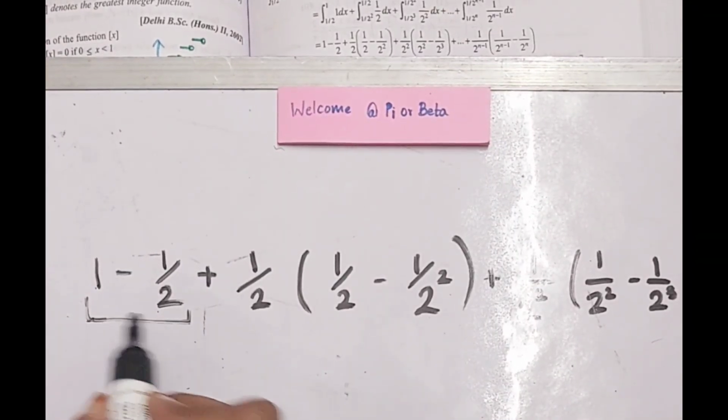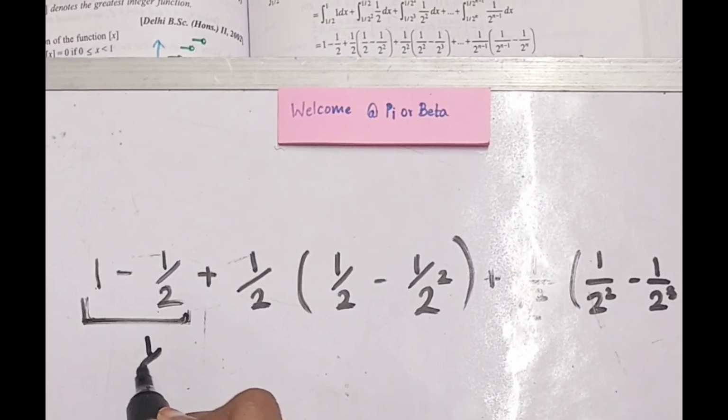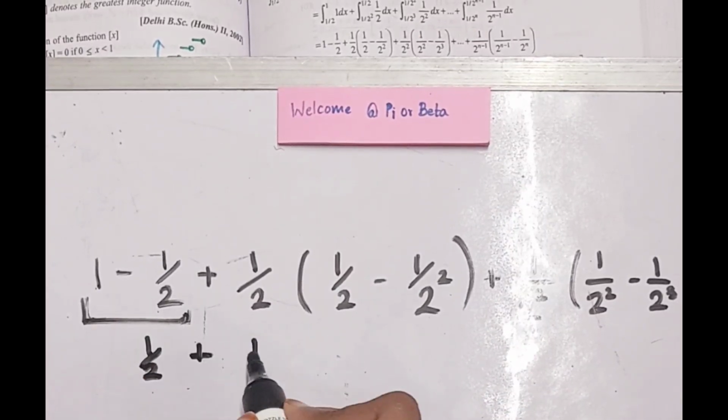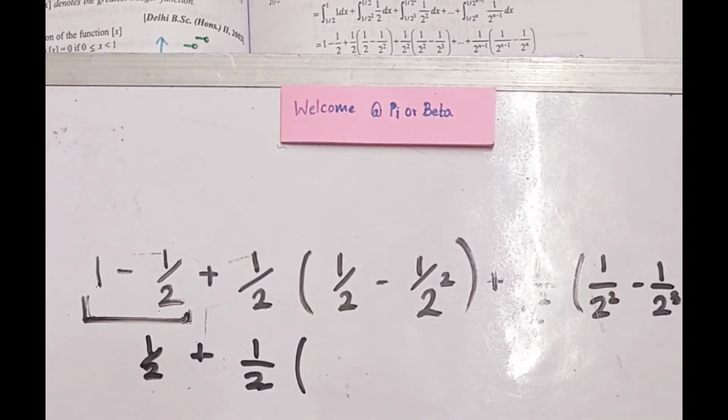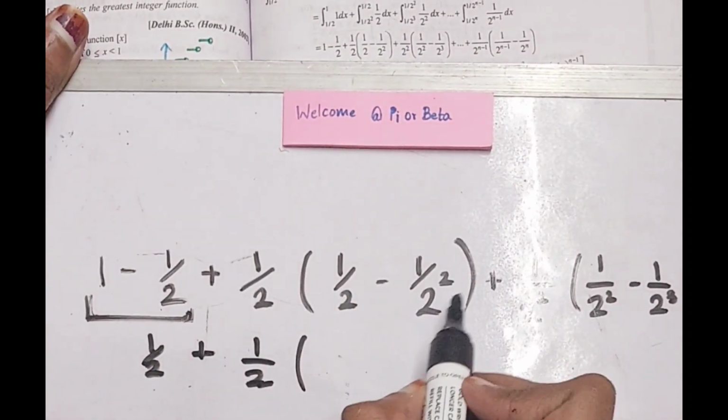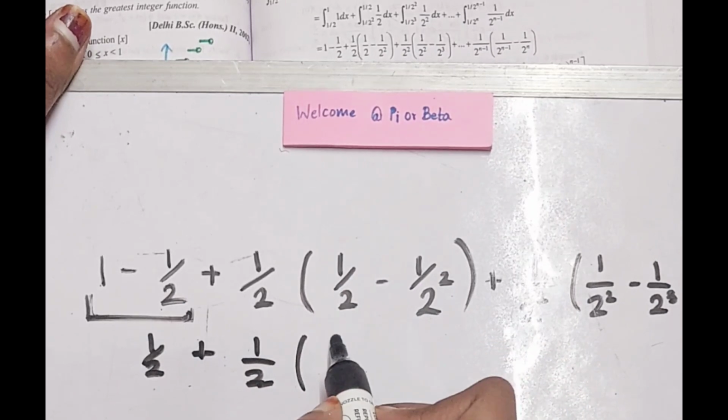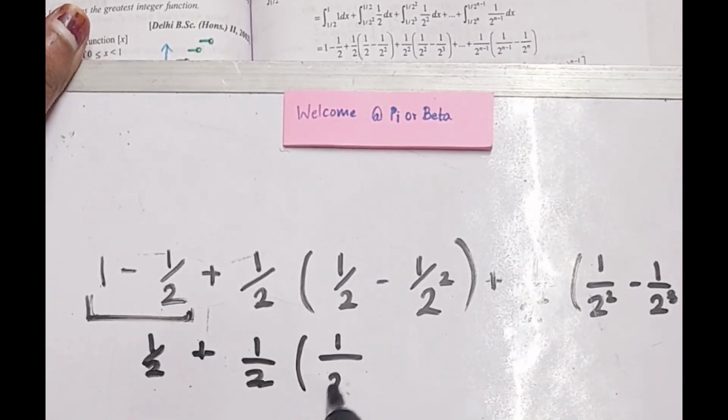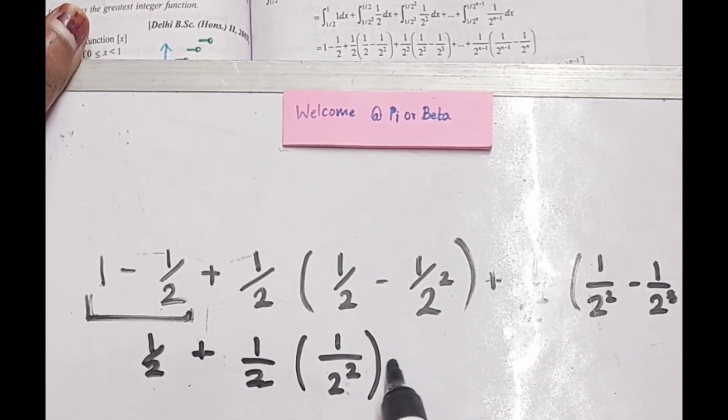So what I'm going to do is I'm going to just subtract it this way. So this is half plus, so that you are able to sum it up, because this is an infinite series. You have to sum up anyways. So here I'm going to subtract it. I'm getting 1 by 2 square. Just be careful with the calculations and all.